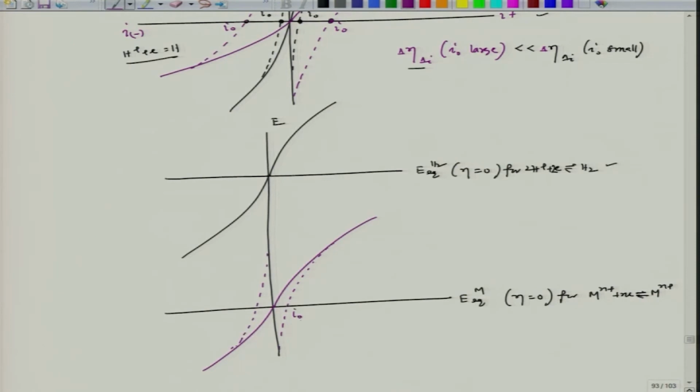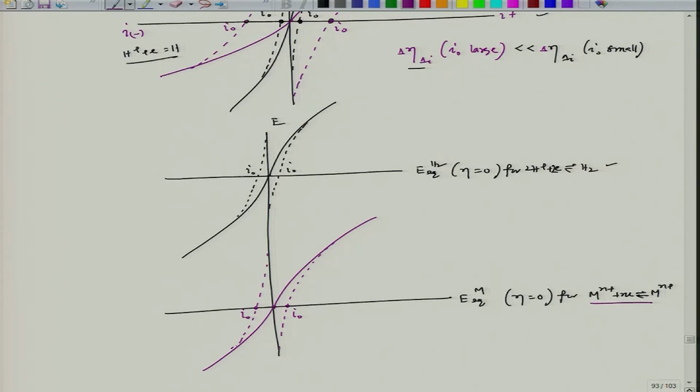So, this is I0 for the metal, and for the hydrogen evolution reaction, this becomes my individual current density, that means IC and IA for hydrogen evolution. So, this is I0 for hydrogen evolution, and these are the I0s for the metal, for this particular electrochemical process.